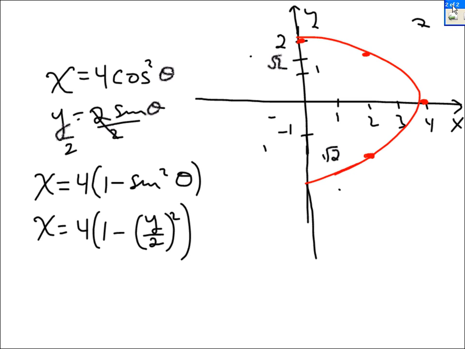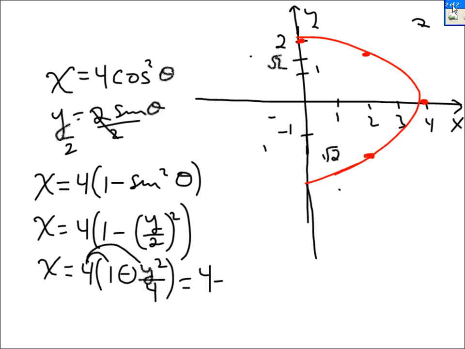Y over 2 is just another way of writing sine theta. So x is equal to 4 times 1 minus y squared over 4. If I distribute, 4 times 1 is 4, minus 4 times y squared over 4, the 4's cancel.